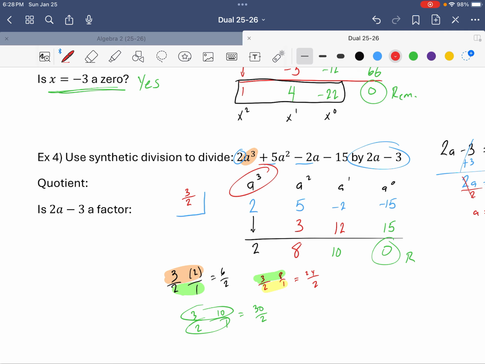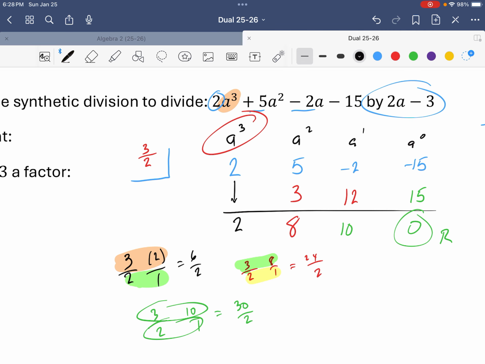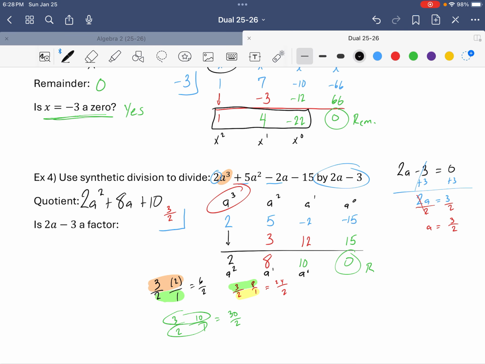The highest power is a cubed, so we go down a power: this is going to be a squared, this is a to the 1, and that's a to the 0. So 2a squared plus 8a plus 10. Is it a factor? Yes, because you got 0 as a remainder.